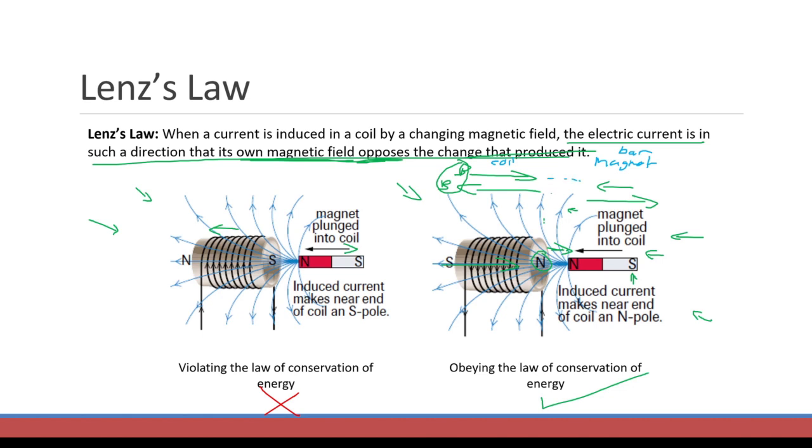If the bar magnet is coming to the left, the coil is going to oppose it and go to the right. Likewise, if it's going away to the right, the coil is going to go to the left. That will give us our B. Once we know our B, we put our thumb there, and we can easily tell which way our fingers curl, and that will be your answer, which you usually are asked for, which direction you put the arrows. So hopefully that clears this up a little bit. So that's Lenz's law.